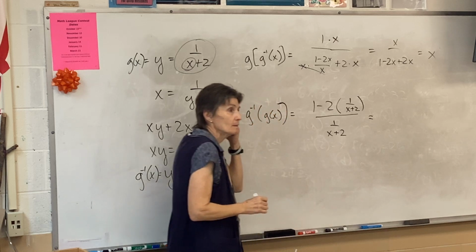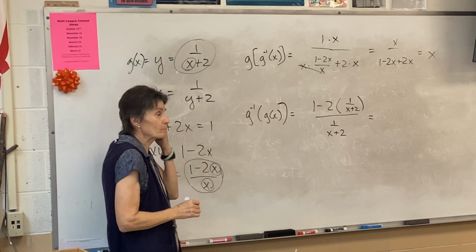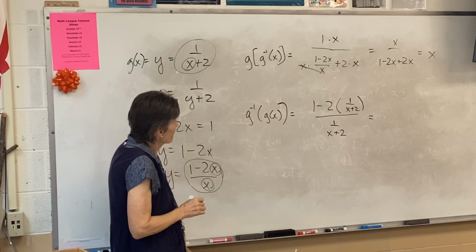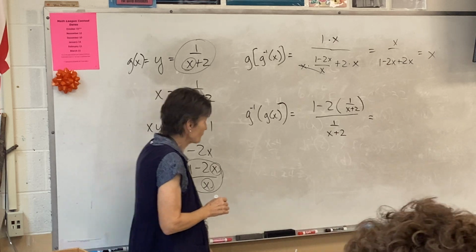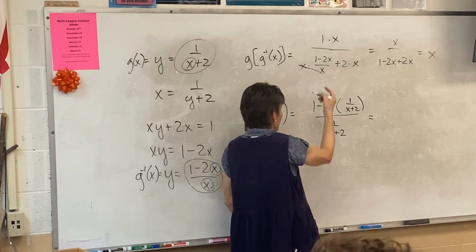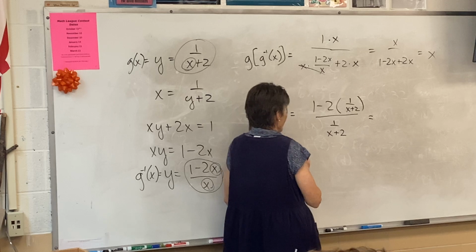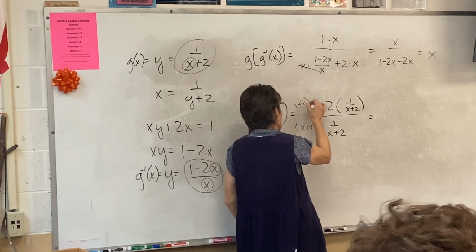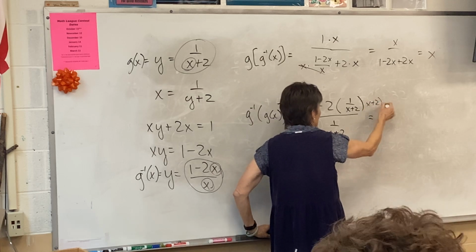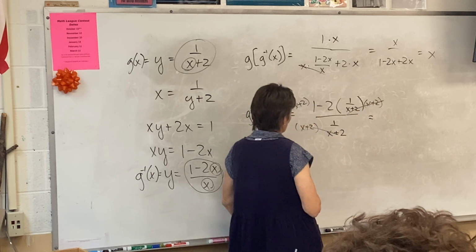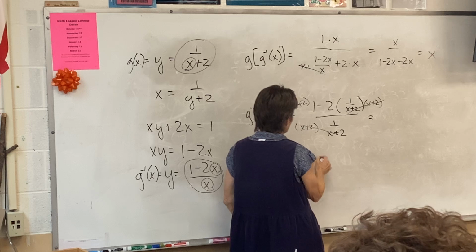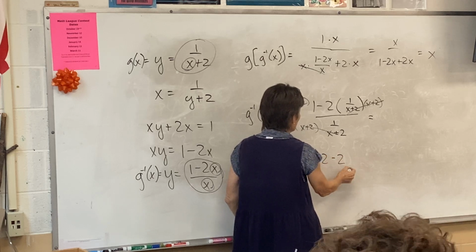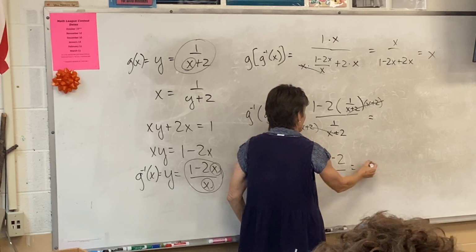So x over 1. And I think here I'll play the same record. I'll multiply everything by x plus 2. So I'll have x plus 2 minus 2 over 1. There we go.